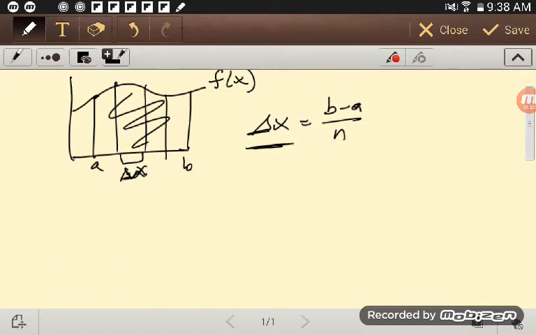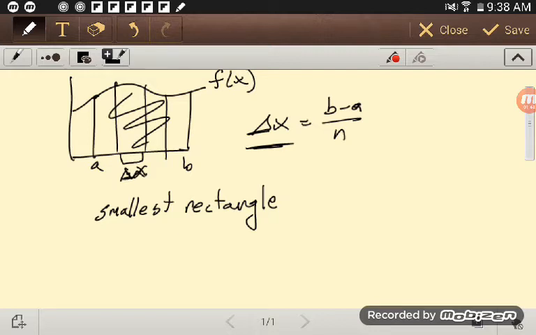And then for the heights, what we've been doing is we've been taking the smallest rectangle. Okay, so our smallest rectangle.